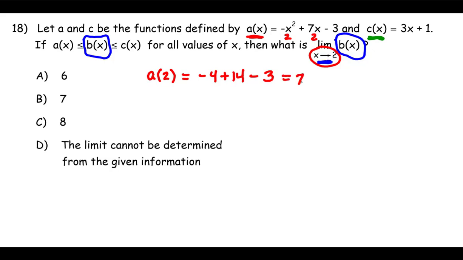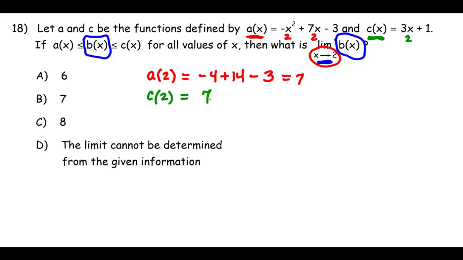And now we'll head over to the green function that I called C, and we'll figure out what's happening to C when we're at 2. Well, if I plug a 2 into the C function right here, I'm going to get 6 plus 1. That also happens to be 7.